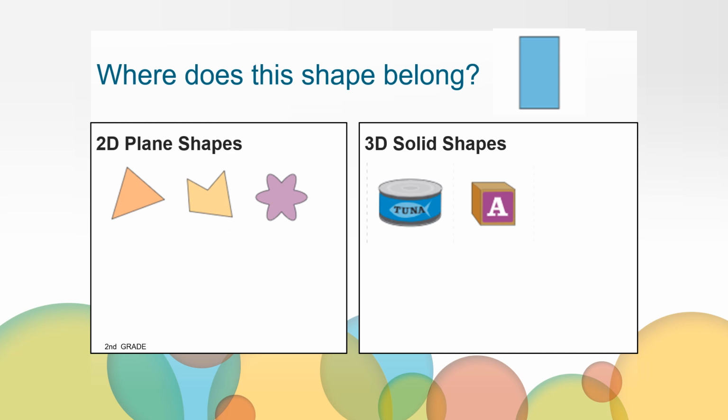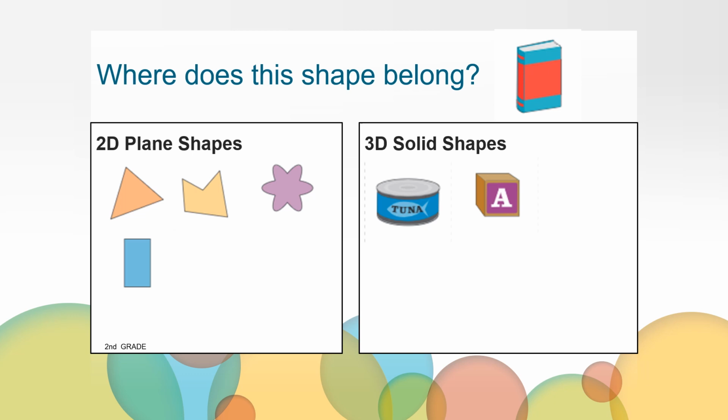Is the rectangle a plane shape or a solid shape? How do you know? It was a plane shape.